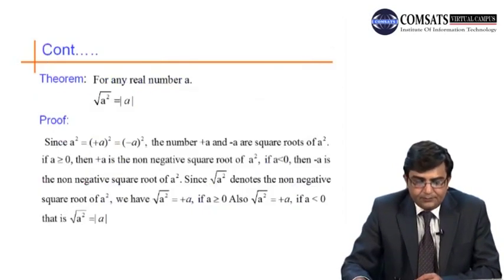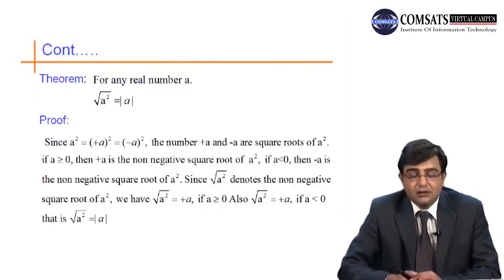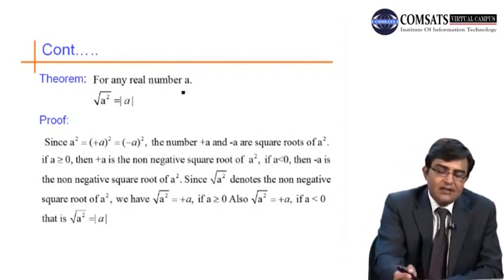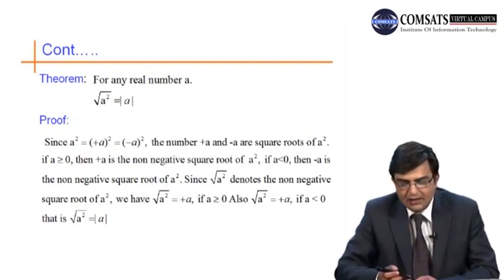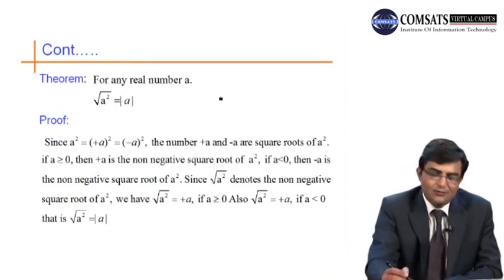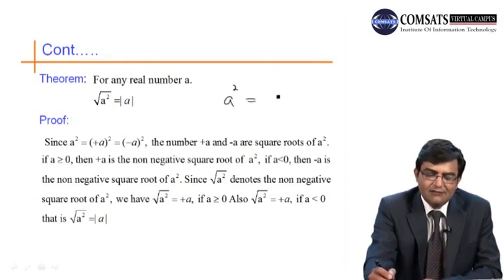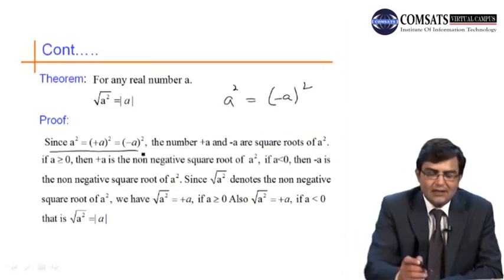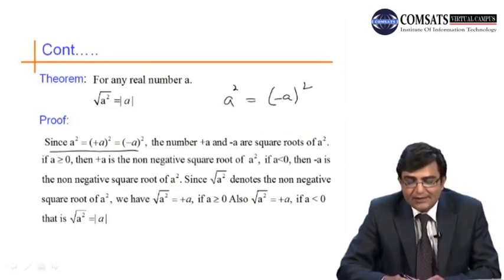The next is another very simple theorem which we use very frequently in mathematics and basic calculations. For any real number a, the square root of a square is the absolute value of a. As we know, the square of a is equal to the square of minus a, as you can see here on the slide. The numbers plus a and minus a are both square roots of a square.